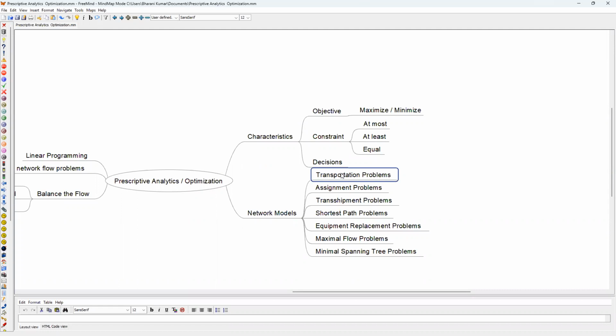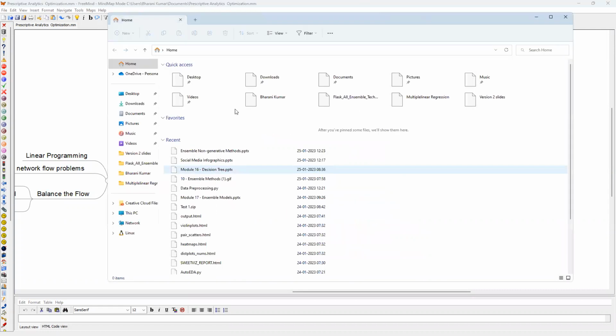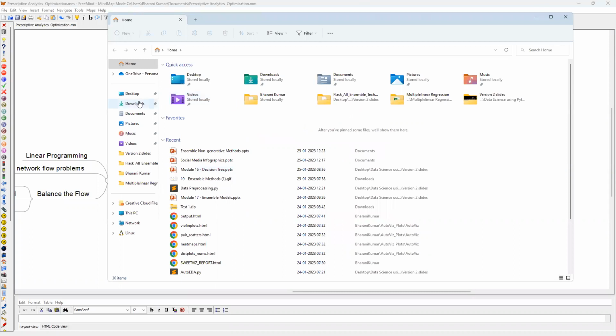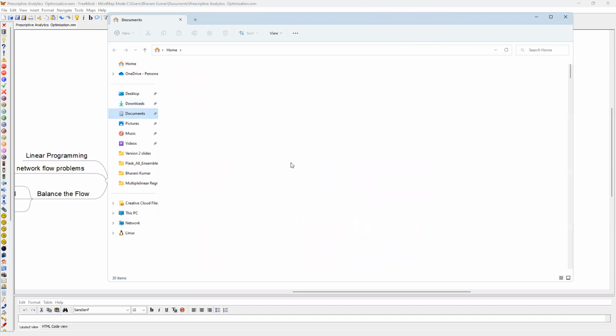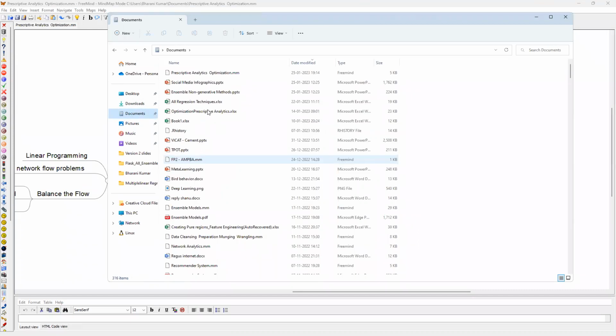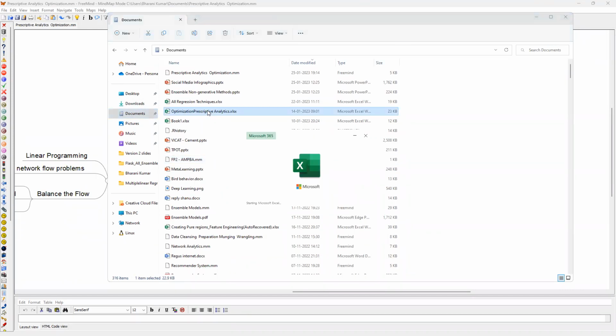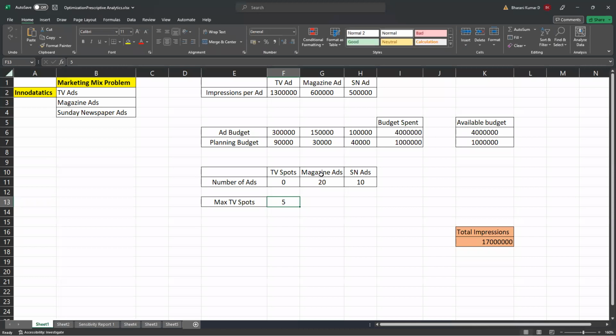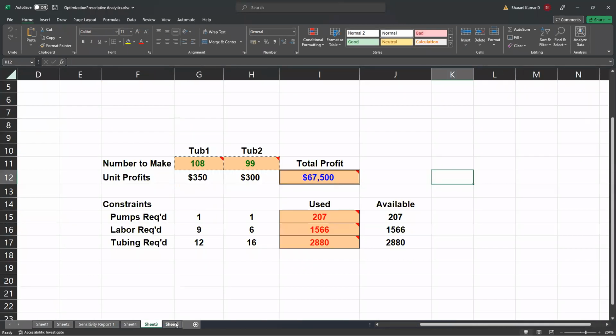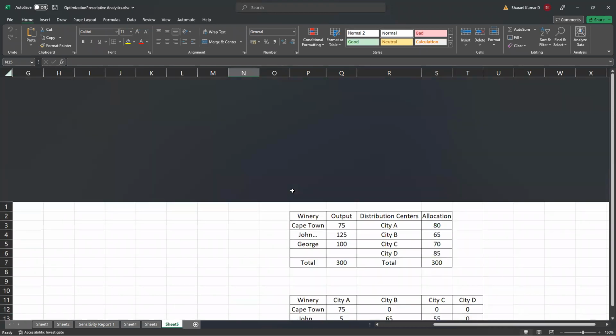Here, I think we have already discussed the specific use case. Let me see if I can open the spreadsheet which we have used. Yeah, this is what we have discussed.